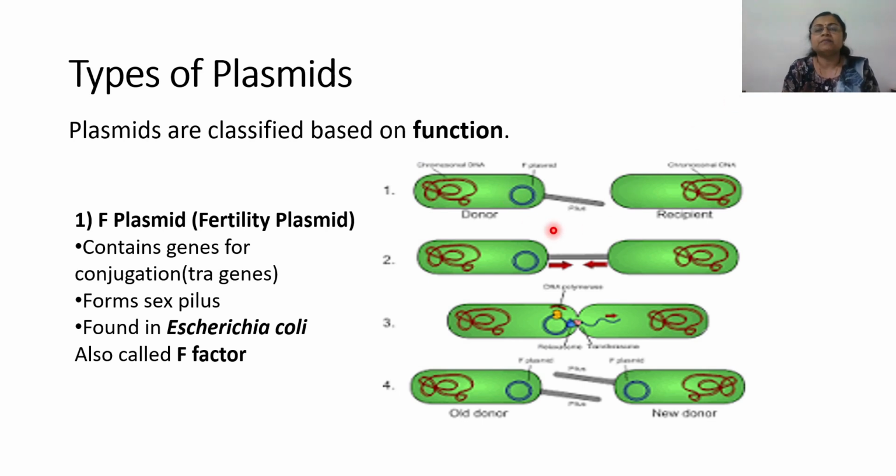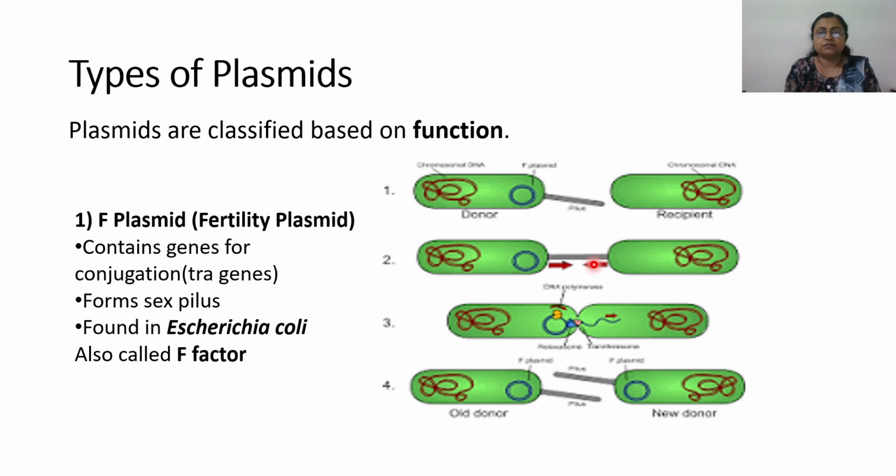You can see in this image, this is the F plus cell and this is the F minus cell. The F plus cell has the ability to form a bridge between itself and the F minus cell. The sex pilus present on the F plus cell elongates to form the bridge for conjugation.